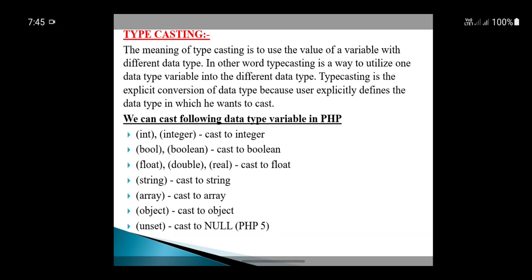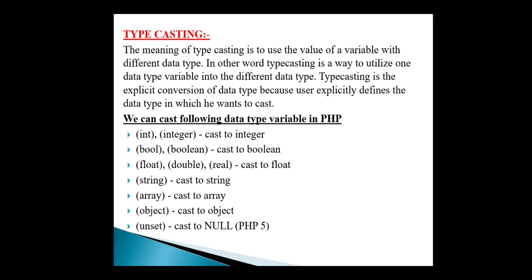We can cast variables in PHP to: int or integer, cast to integer; bool or boolean, cast to boolean; float, double or real, cast to float; string, cast to string; array, cast to array; object, cast to object; and unset, cast to null.